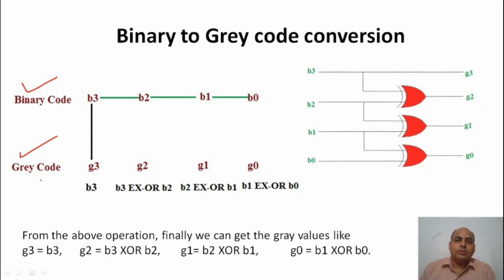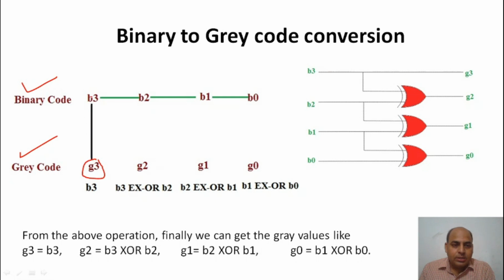There is a procedure that we will study in Unit 2, combinational circuit design. But briefly I will explain here how we can convert the binary code into the gray code. First of all, the MSB is written as it is. So B3 is written as it is, first thing.